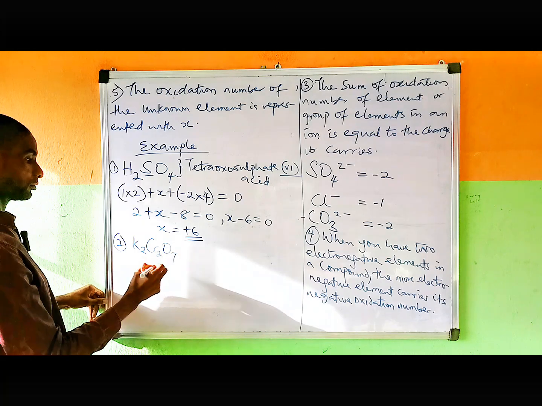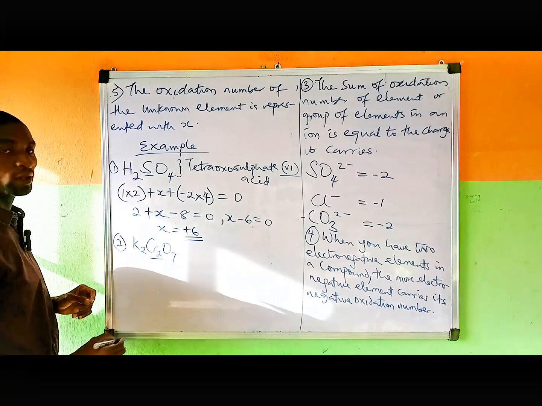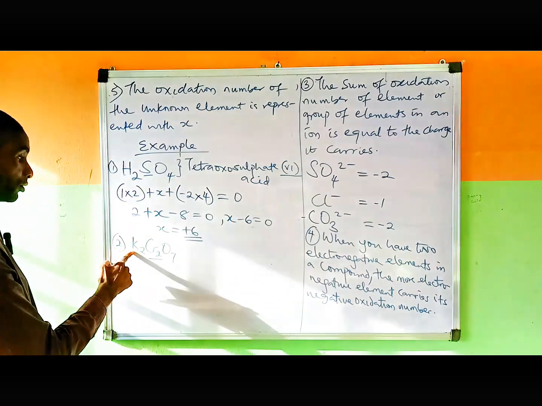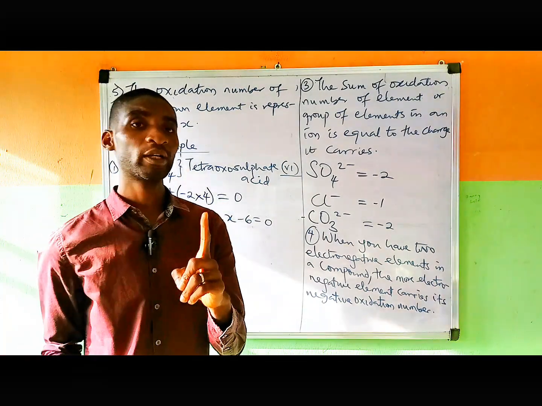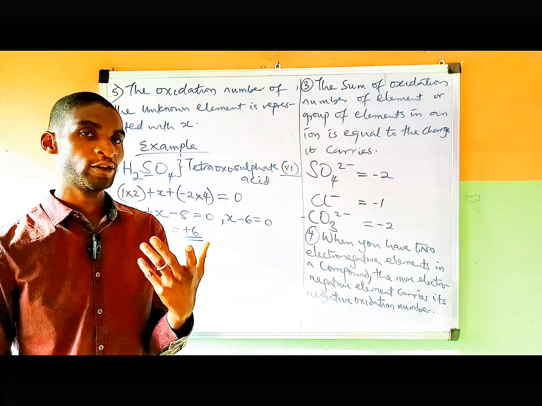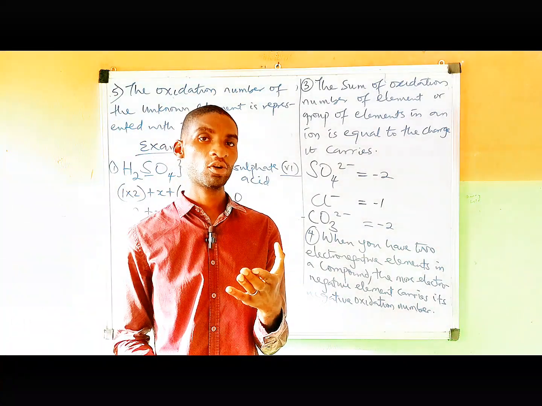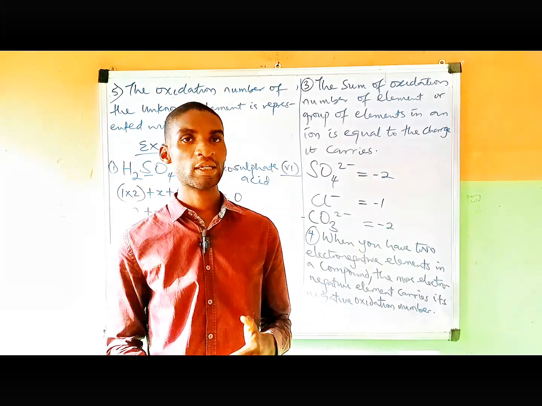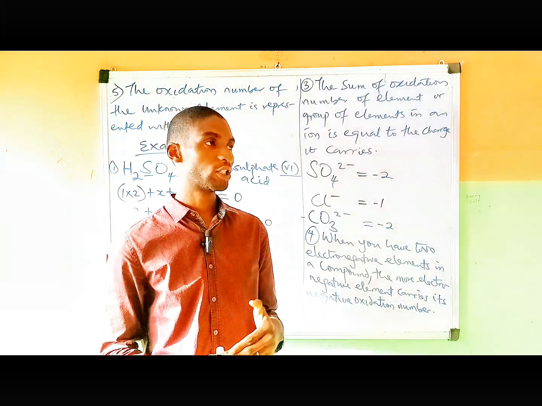K2Cr2O7. You are asked to find the oxidation number of chromium in K2Cr2O7. So you have potassium, which is in group 1. If you have not seen the video on the periodic table, please check for the video on our channel.